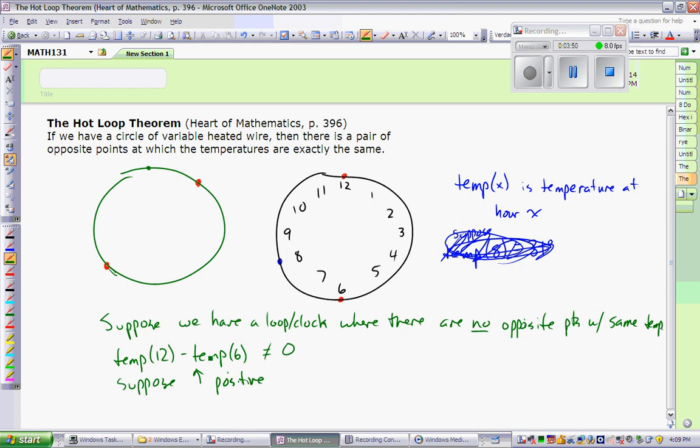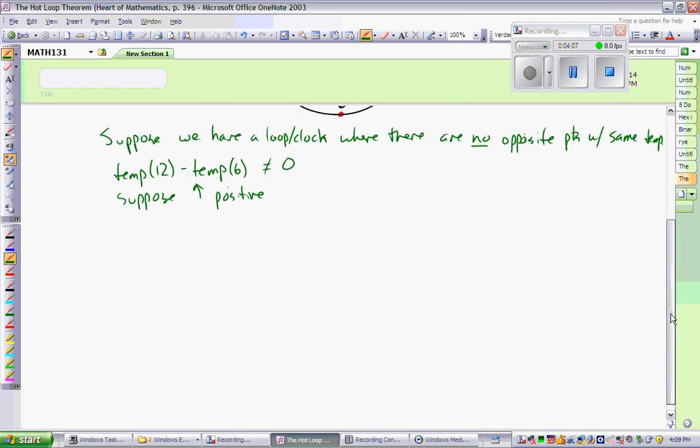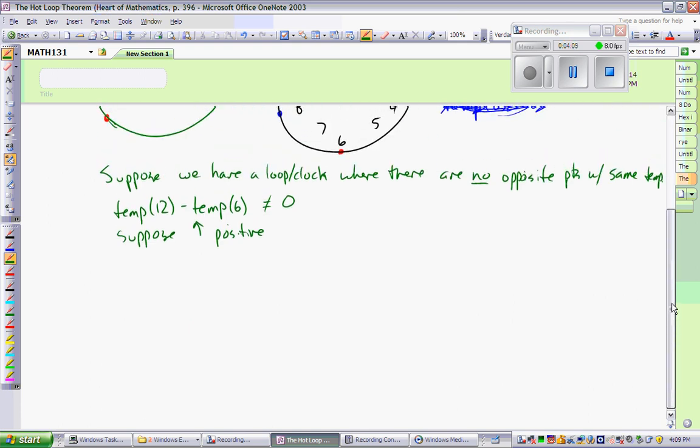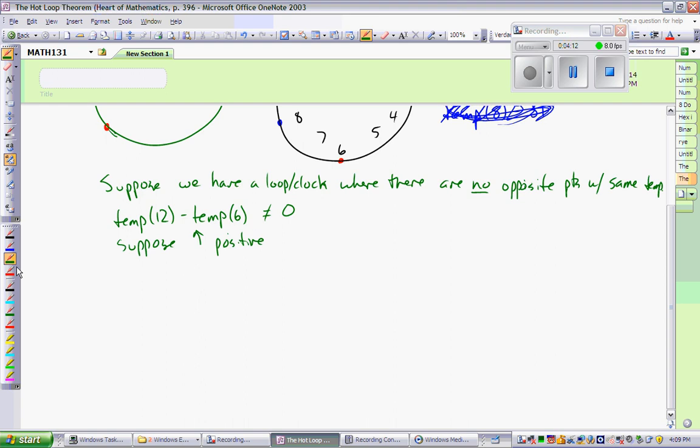If temp 12 minus temp 6 is positive, that essentially means that the temperature at 12 is more than the temperature at 6. We could do it with negative, it's going to be an analogous argument. So we're supposing that temp 12 is greater than temp 6.